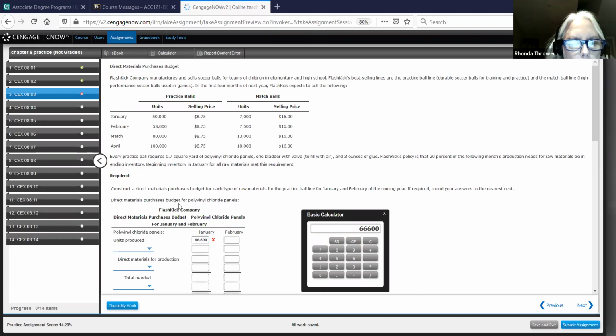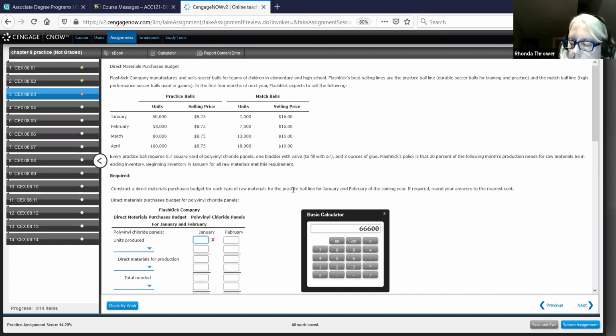Right here, it's direct materials purchases budget for the chloride panels. That's what it tells you. And we're going to construct a direct materials purchases budget for each type of raw material for the practice ball line. So what I did is I picked up both lines here, and that's not what should go there. I did both products, in other words. All we need is for the practice balls.